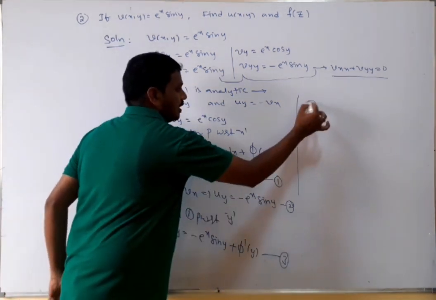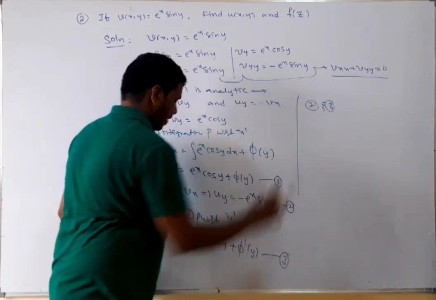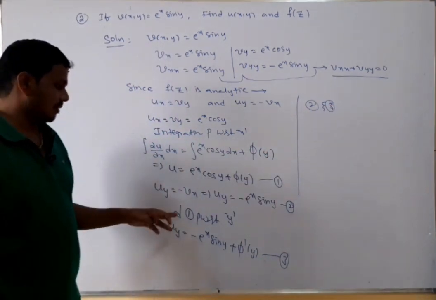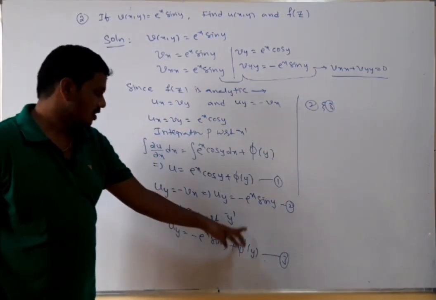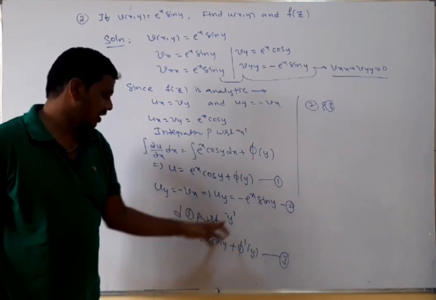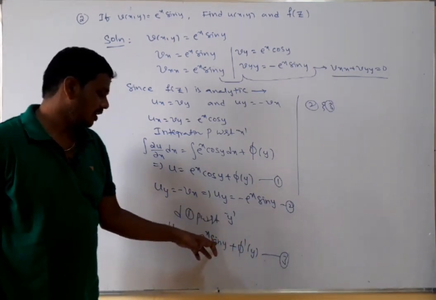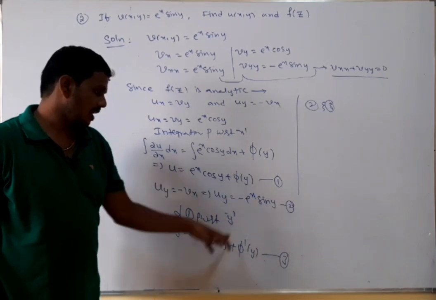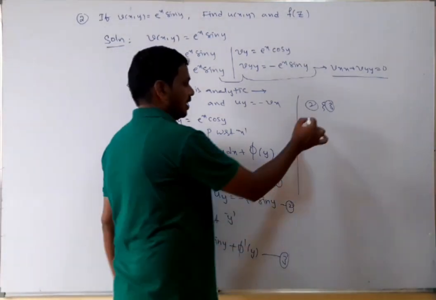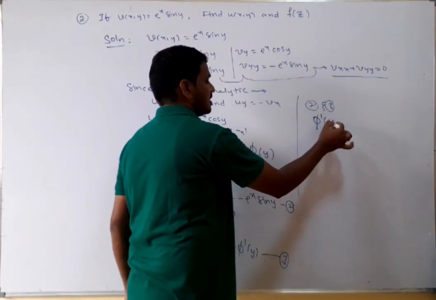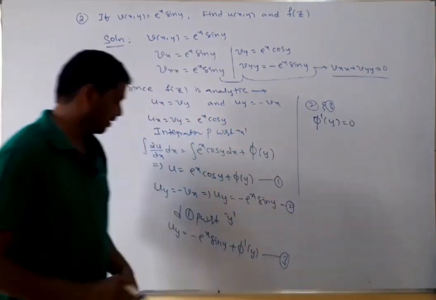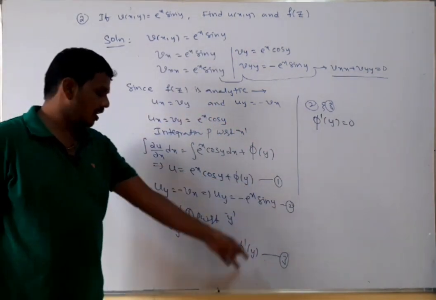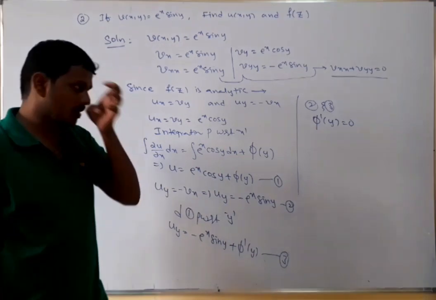From 2 and 3, yes, the LHS are the same. There is no phi dash of y in 2, no? Here we have phi dash of y plus minus e to the power of x sin y, and minus e to the power of x sin y, same. So from 2 and 3, phi dash of y is equal to 0. Is it clear or not on comparing? There is no extra term here, it is an extra term. Phi dash of y is equal to 0.